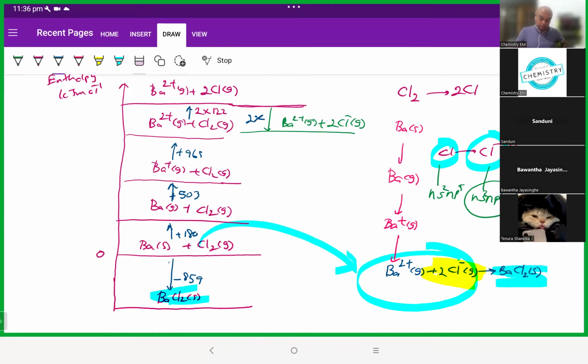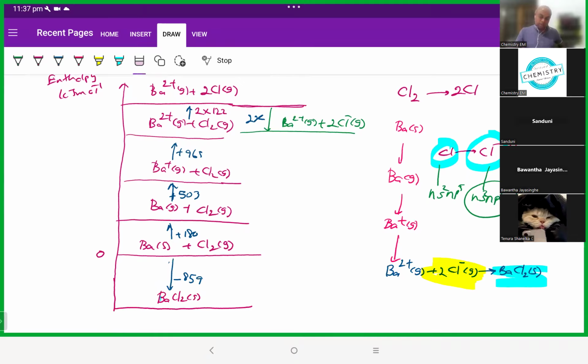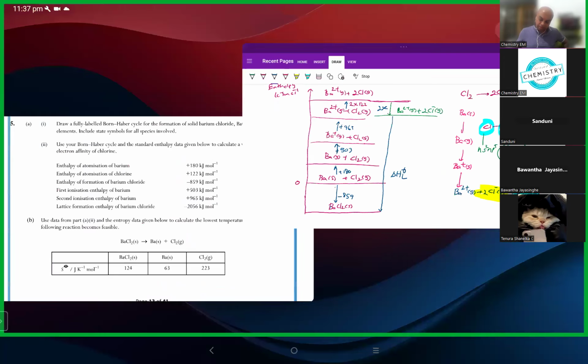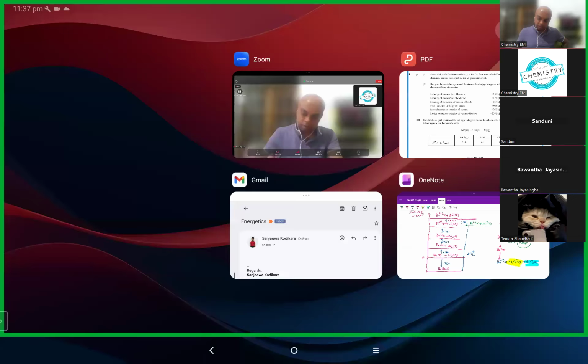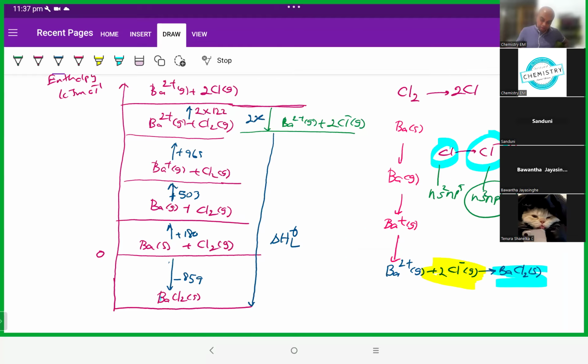Then these two can be used to produce barium chloride all the way down. This is delta H naught L. Lattice enthalpy is given, I think. Lattice enthalpy is minus 256.